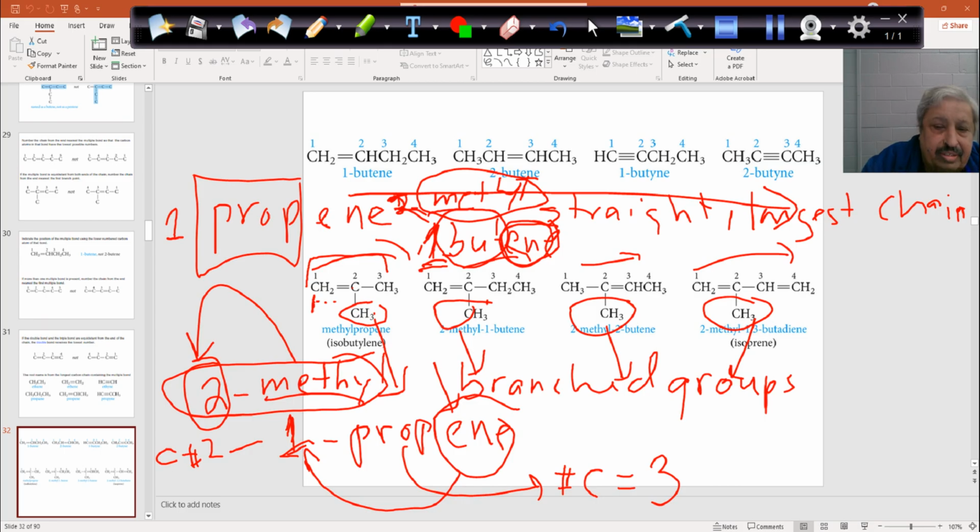What is a skeleton? The longest straight chain. Here the longest straight chain is made of 4 carbons, and here it is made of 3 carbons. Okay, guys? Make sense?